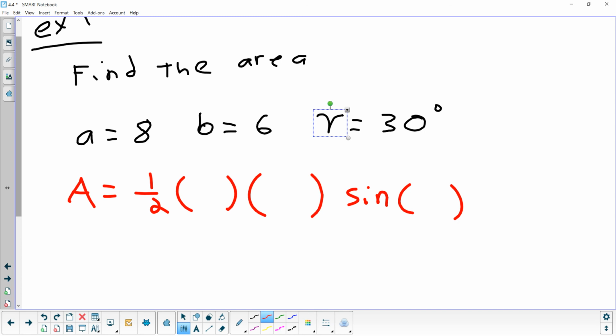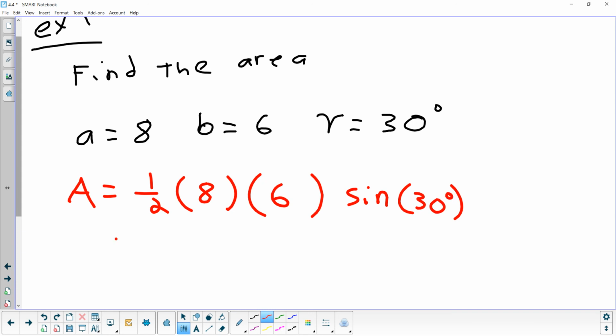How about, Randy, can you tell me what's going to go in those first two parentheses? So the first one has 8, yep, so we got 8, and then 6, and then 30 degrees. So 1/2, the product of my two sides, times the sine of the angle.